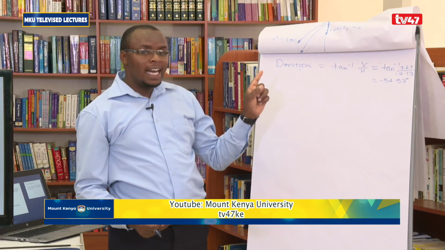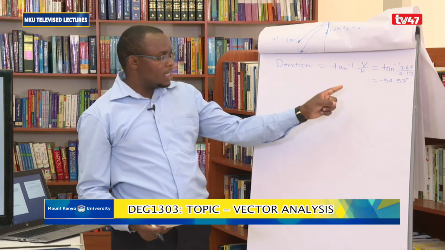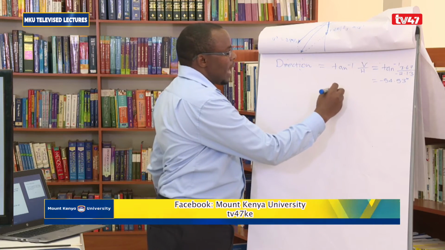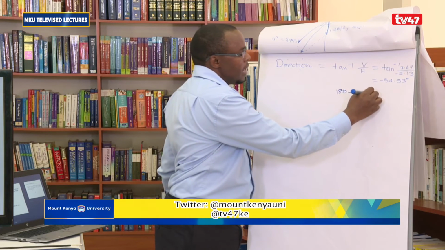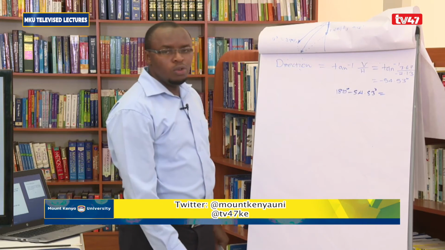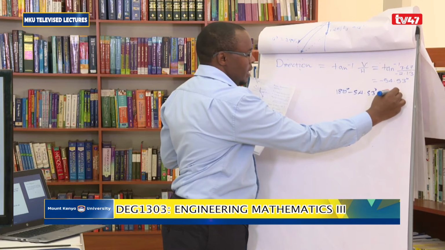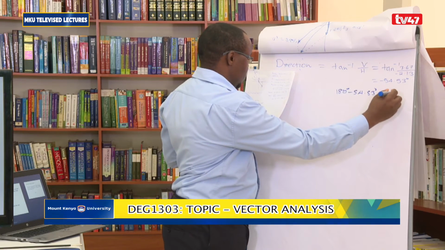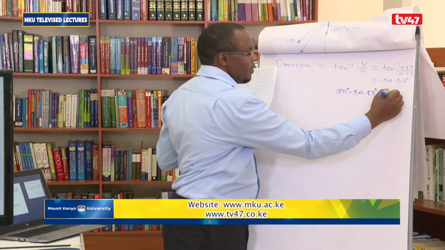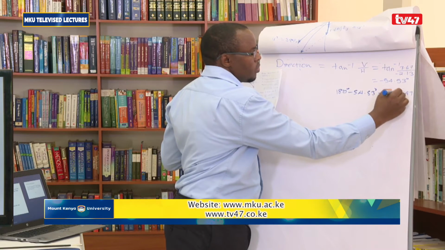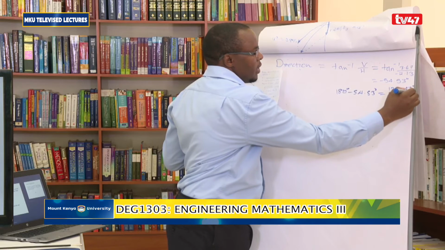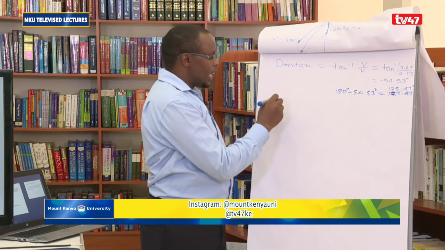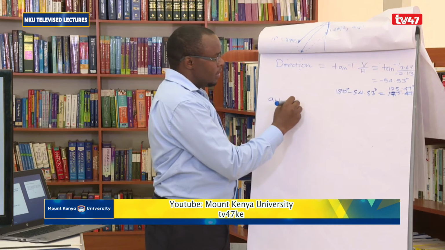To get that angle, you subtract from 180, because this one was measured from the horizontal going in the clockwise direction, and therefore the actual angle is going to be 180 minus 54.53 degrees, and this is going to be 125.47 degrees.